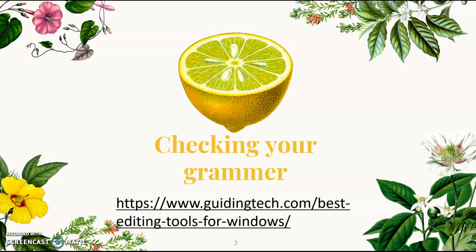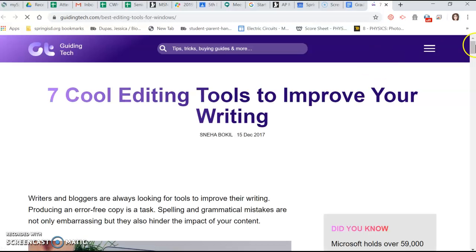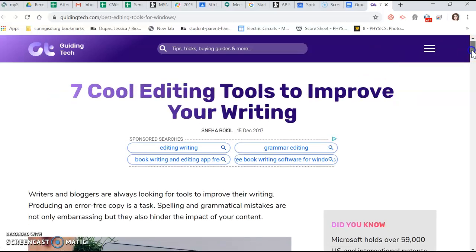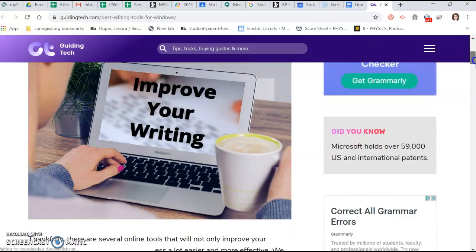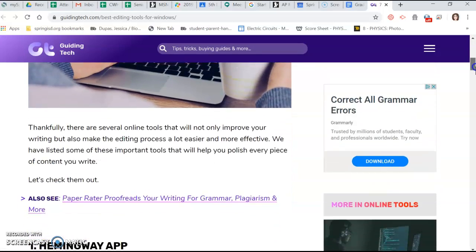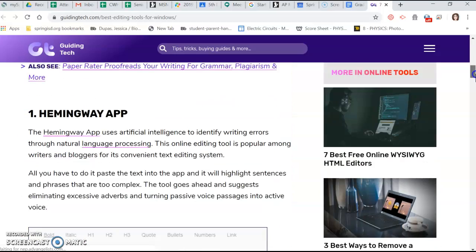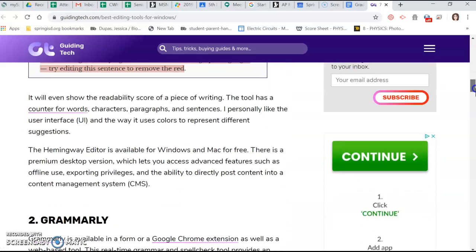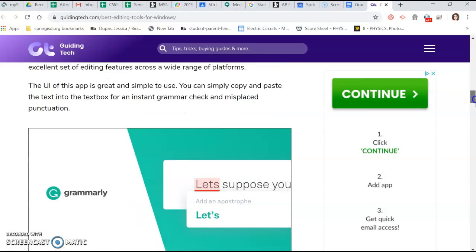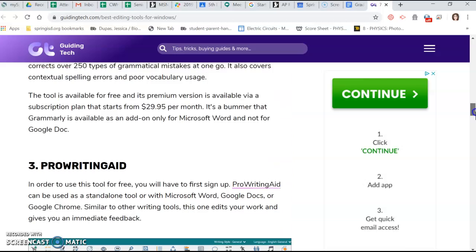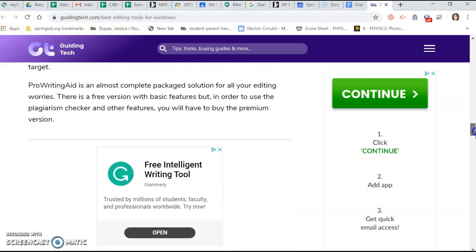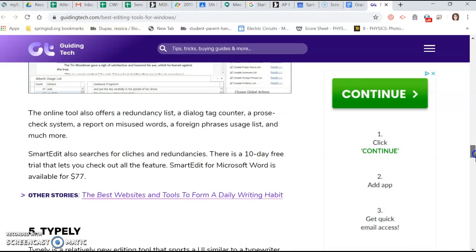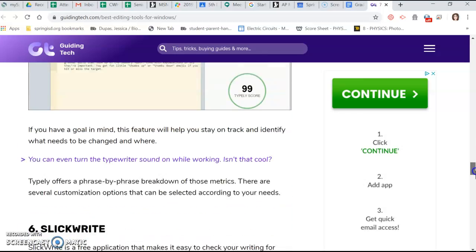My suggestion would be that you go to that. Here, I'll open it up for you. Some of these are free, some of them you might have to buy a subscription. There's also so many other good ones that will help you make your writing just really fantastic. Whatever you would like to use to make your writing really great, these are just some ideas. There's certainly some other ones.